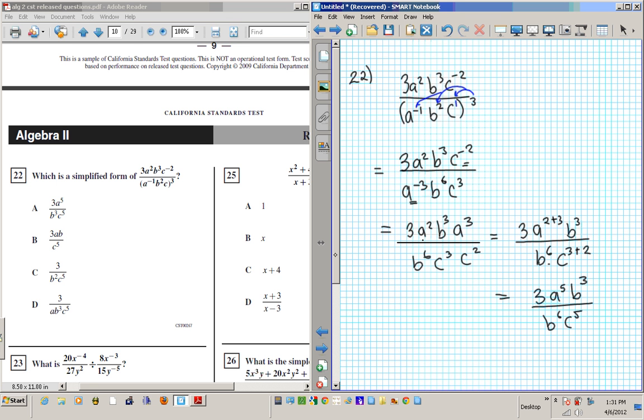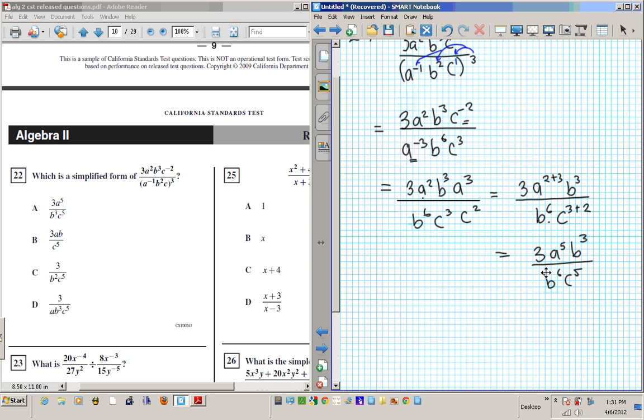Now, to finish this off, we need to see if we can combine any like bases, exponents with like bases. So if you look at it, 3 is by itself. A to the 5th has nothing to be combined with, so let's leave it alone. Now look at b to the 3rd here and b to the 6th here. These two can be divided. So anytime you divide, you subtract, okay? Well, you always subtract the smaller one from the bigger one.